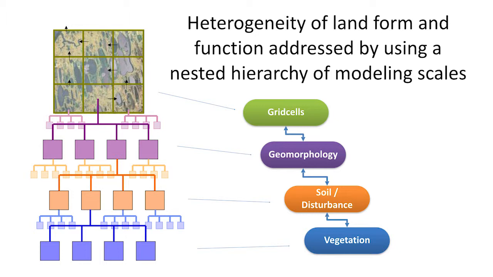The grid cells are broken up into chunks that represent, for example, this is one way that we do it, variation in geomorphology, or topographic variation within the grid cell. Those chunks can also be broken up to represent different soils or different disturbance trajectories, and Rosie's presentation earlier touched on this as well.